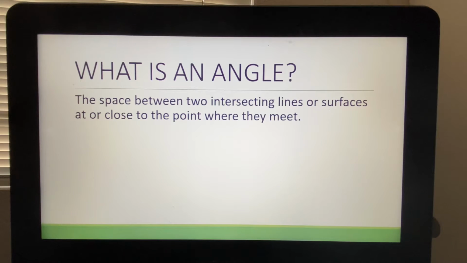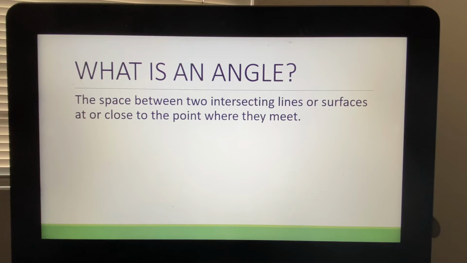So that's the definition of an angle. And if needed, intersecting means crossing or touching. So the space between 2 lines or surfaces at or close to the point where they meet.